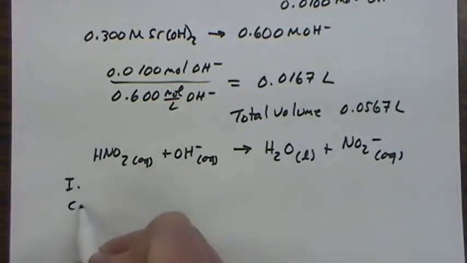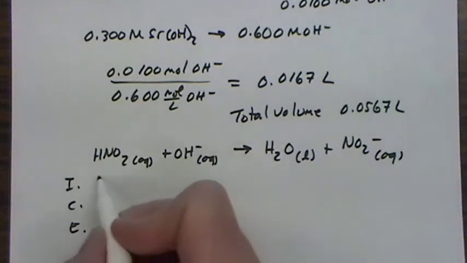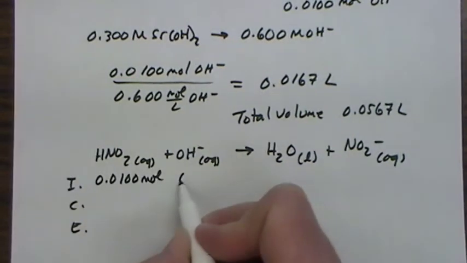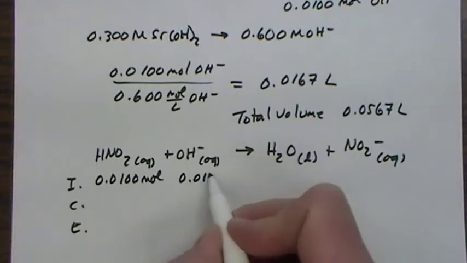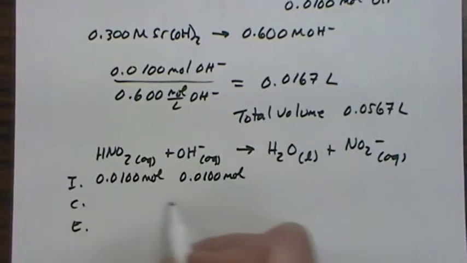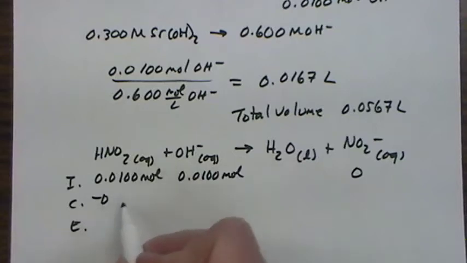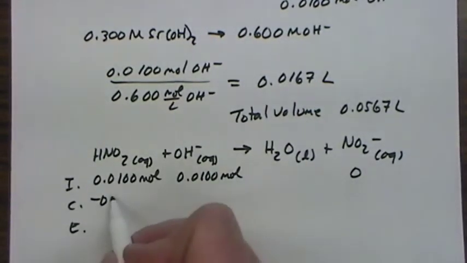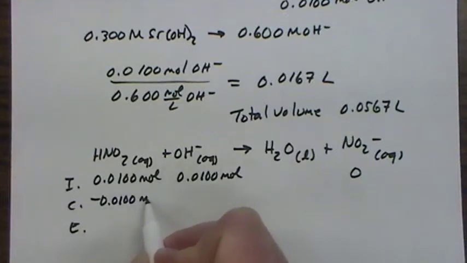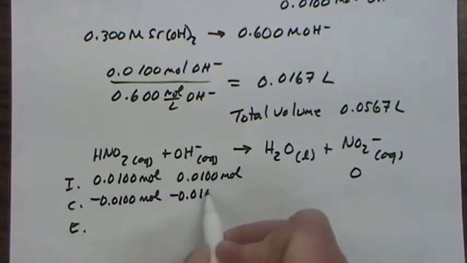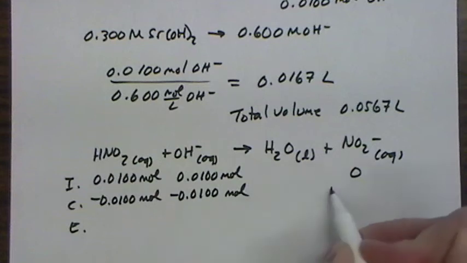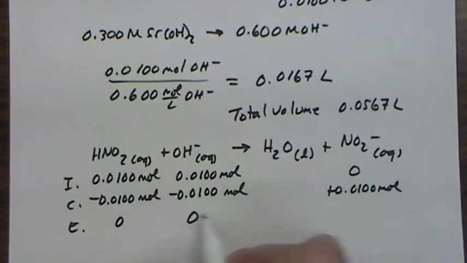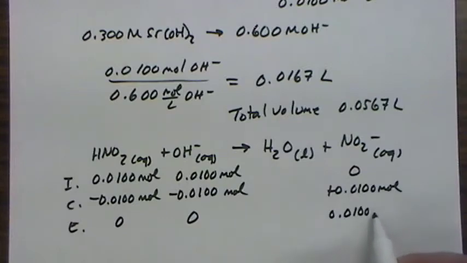Okay, ICE, we have 0.01 molar, and you might be able to see again that there's another shortcut here. So, well, why do I have to do this each time? You don't. You know that it's going to be 0.01 molar of the nitrite ion. So you can skip over this if you want. I'm doing it out just so you can see where that nitrite ion came from when we plug it into our final expression.